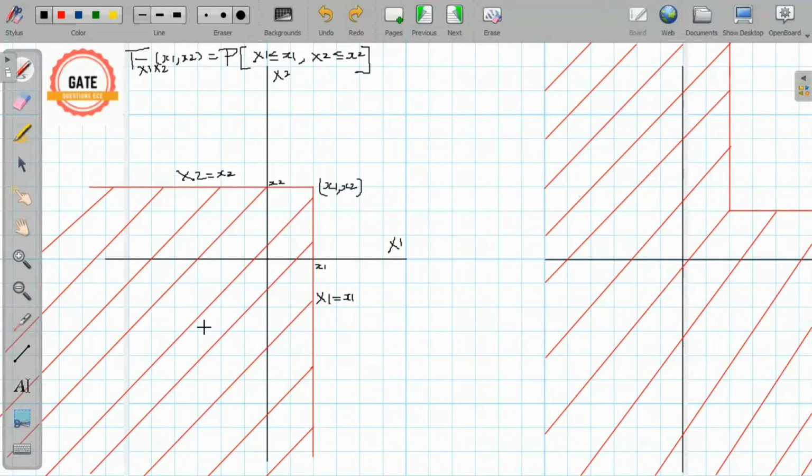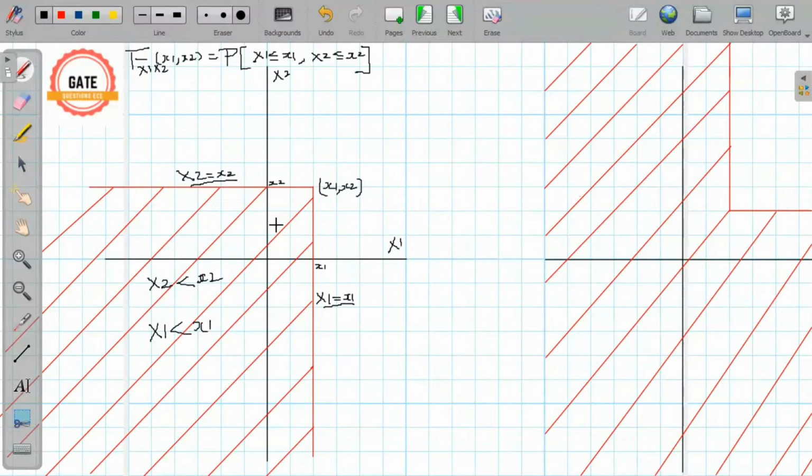You can note in the shaded region that X1 is less than small x1 and also X2 is less than small x2. So this probability will be equal to the probability that capital X1 and capital X2 lie in this region where they are less than small x1 and small x2, or on the boundary bounded by these two lines, capital X1 equal to small x1 and capital X2 equal to small x2.